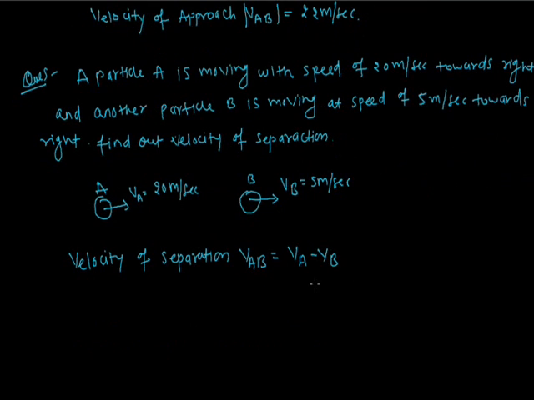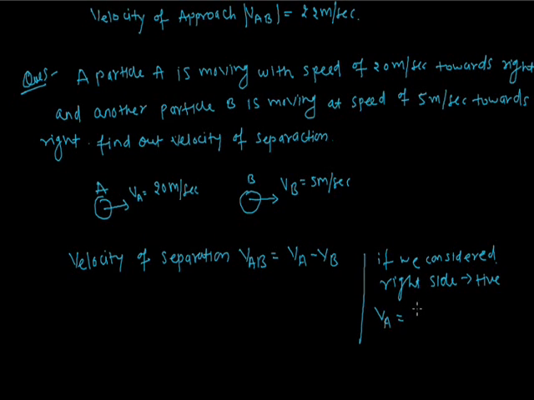So again, if we consider the right side as positive, then the particle A is moving towards the right side, so that velocity will be positive, that is plus 20 meter per second, and particle B is also moving towards the right side, so this velocity will be positive, that is plus 5 meter per second.